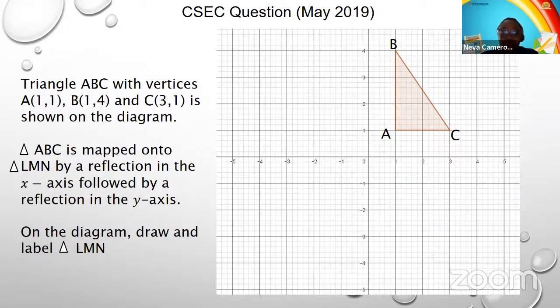And now notice that it's a reflection in the X-axis followed by a reflection in the Y-axis. So it's a double reflection. All right, so which one of the axes are we reflecting in first? Horizontal or the vertical axis? Let's see if you remember. Okay. All right, horizontal, awesome. All right, so let's look at what is happening.